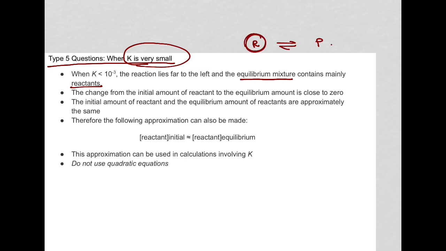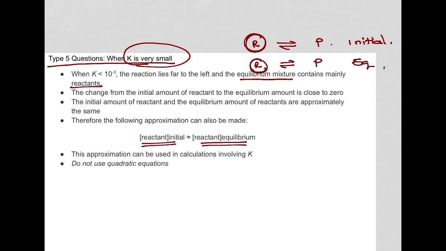It lies far to the left, which means that at equilibrium, the amount of reactant is pretty much the same as the amount of reactant that you have in the beginning, because it's not going to change. So if this is the initial and this is the final at equilibrium, this amount of R is going to be very similar.